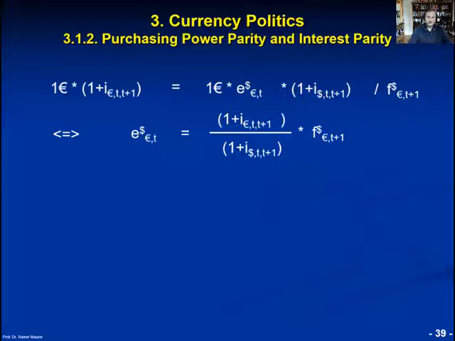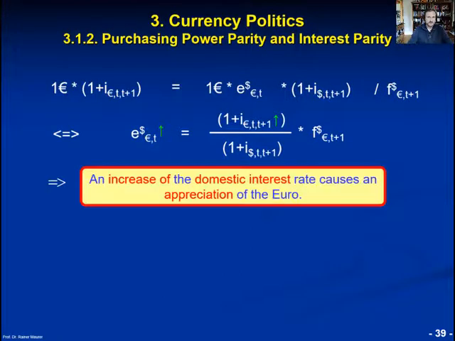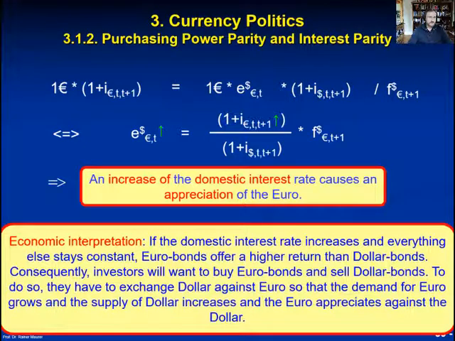It shows that an increase in the domestic interest rate will cause an appreciation of the domestic currency if all other variables stay unchanged. The economic explanation for this relationship is: if the domestic interest rate increases and everything else stays constant, euro bonds offer a higher return than dollar bonds.